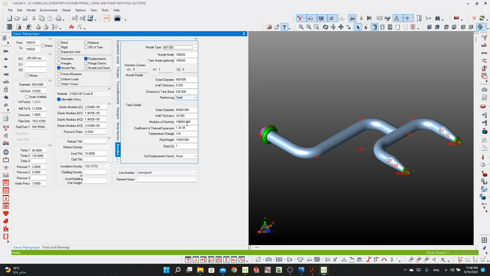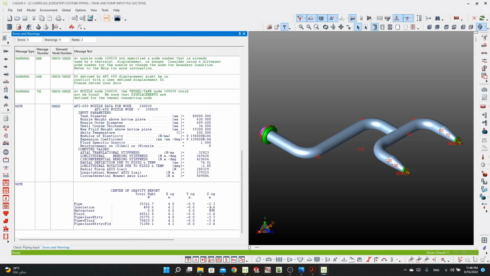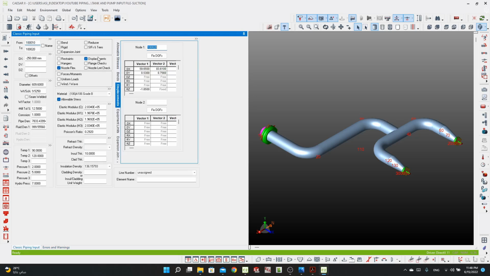We don't use 120 because it's already minus the ambient temperature, so we need to use 100 only. So run it again, and you will get 74.01. Displacement is 74.01, and rotation is the same, 1.85.